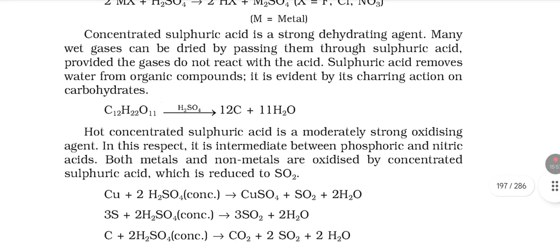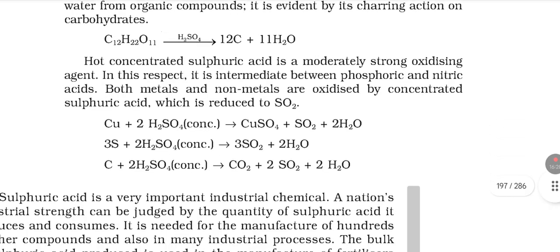Concentrated sulfuric acid is a strong dehydrating agent. Many wet gases can be dried by passing them through sulfuric acid, provided the gases do not react with the acid. Sulfuric acid removes water from organic compounds. It is evident by its charring action on carbohydrates.